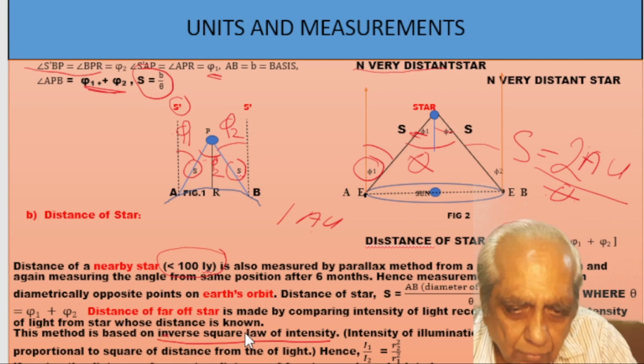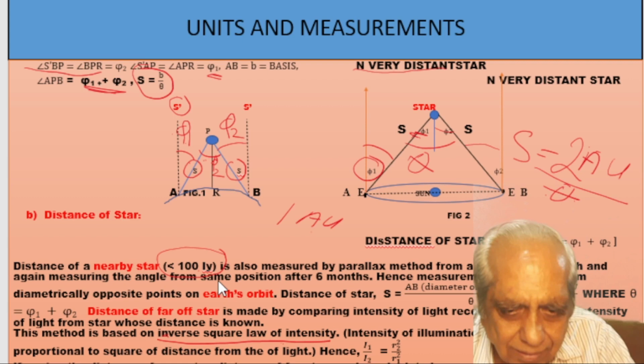This law says that the intensity of illumination at a point is inversely proportional to the square of the distance from the light, I mean from the star. In this case, my light is coming from the star. In case I am getting less intensity of light, it means the star is far away.